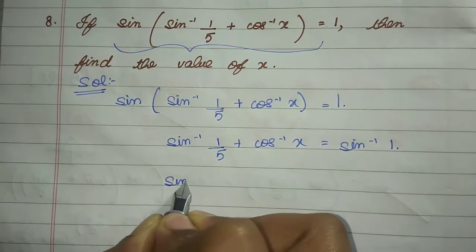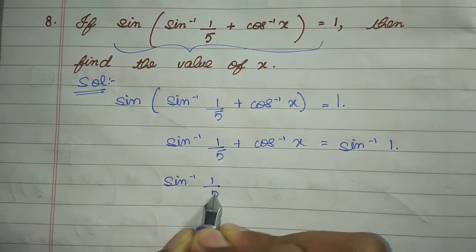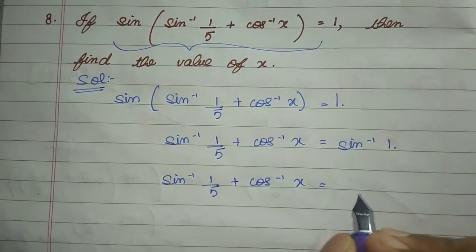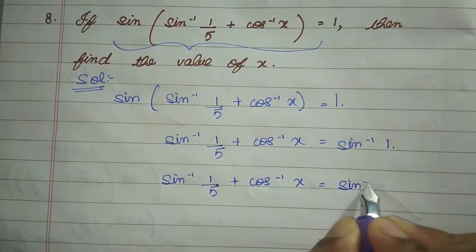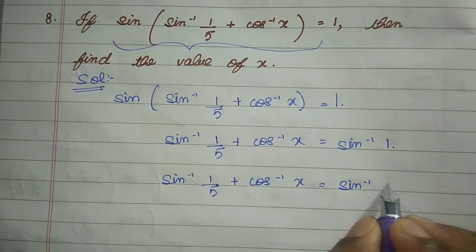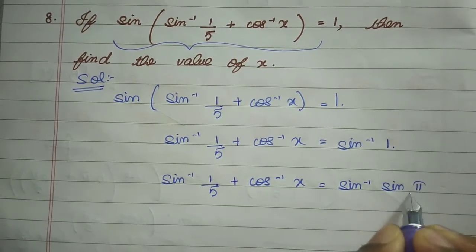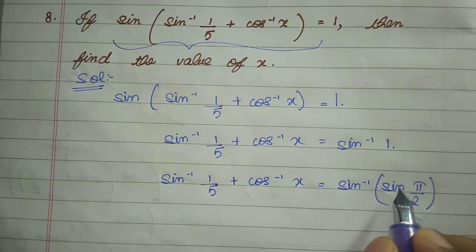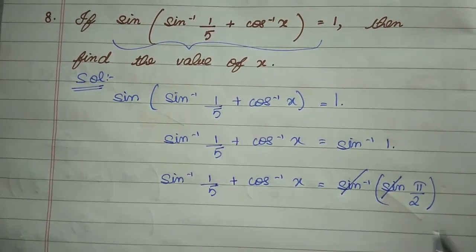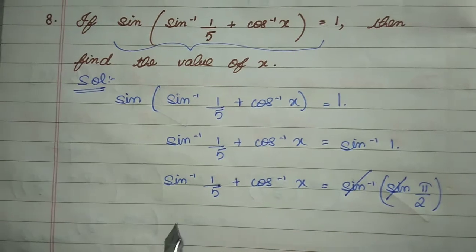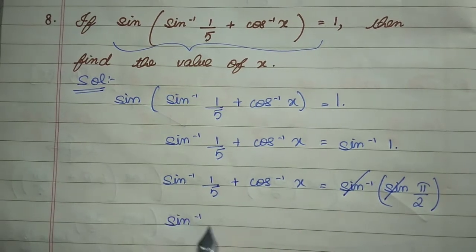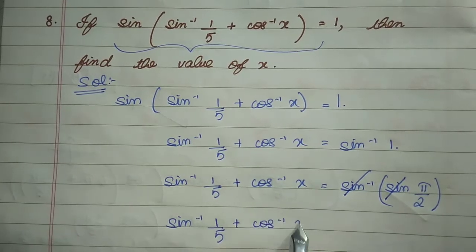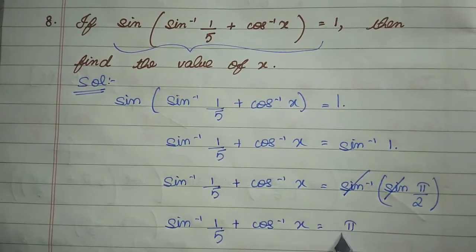So sine inverse of 1 by 5 plus cos inverse of x is equal to sine inverse of sine pi by 2. So sine pi by 2 is 1, no? So sine and sine inverse will get cancelled. So sine inverse of 1 by 5 plus cos inverse of x is equal to pi by 2.